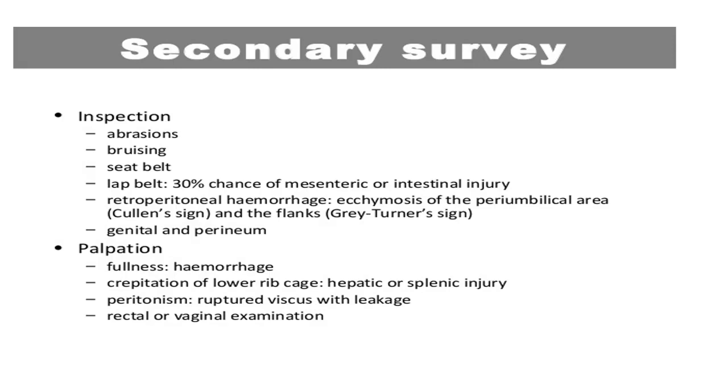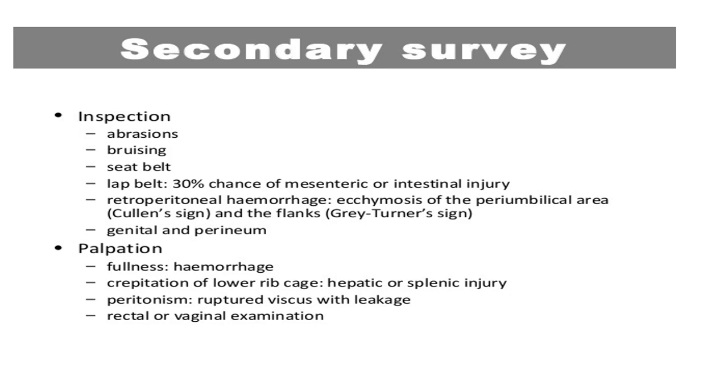It is very important to inspect the genitalia and the perineum for any ecchymosis as well. In palpation, we palpate for fullness. The abdomen could be distended, which could indicate there is fluid in the peritoneal cavity, pointing to hemorrhage. There could be crepitations in the lower rib cage, which could point to hepatic or splenic injuries.